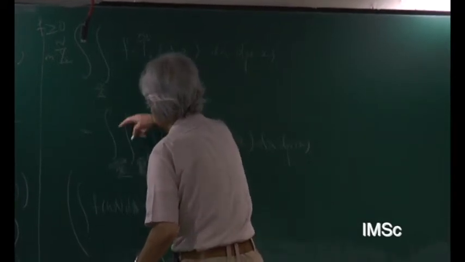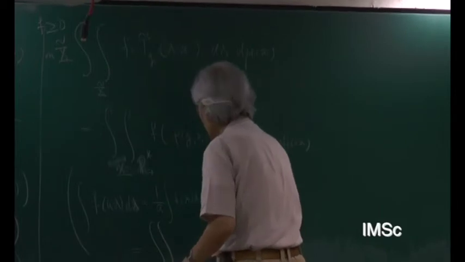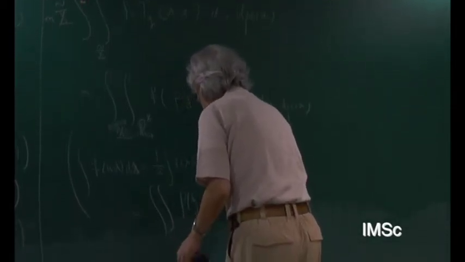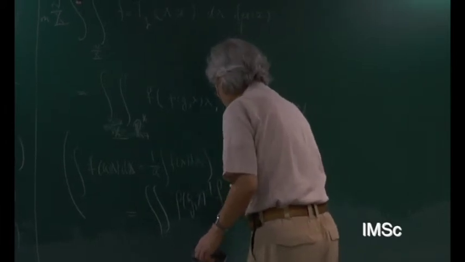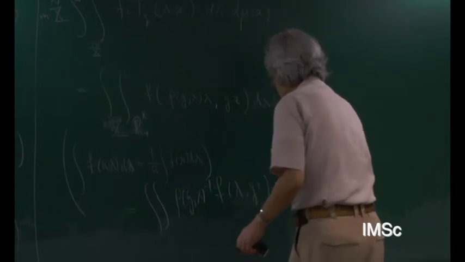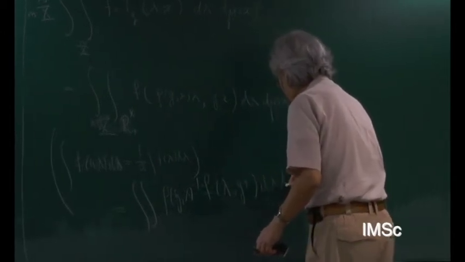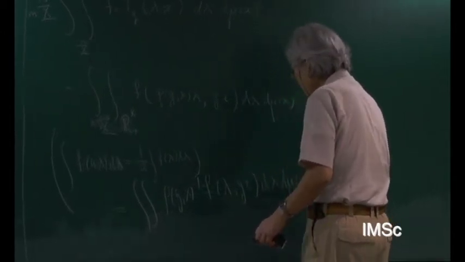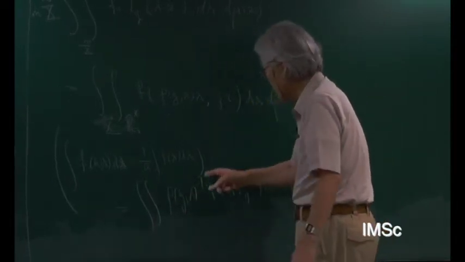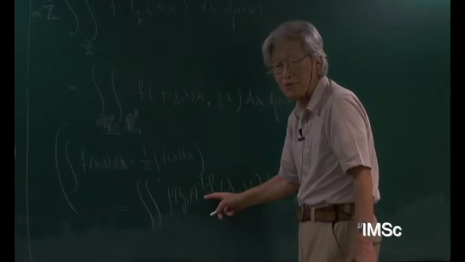So this goes to the outside, and still we have rho g x inverse of f of lambda, g x, d lambda d mu. And now you take d mu, and there you get rho g x out, pop out.